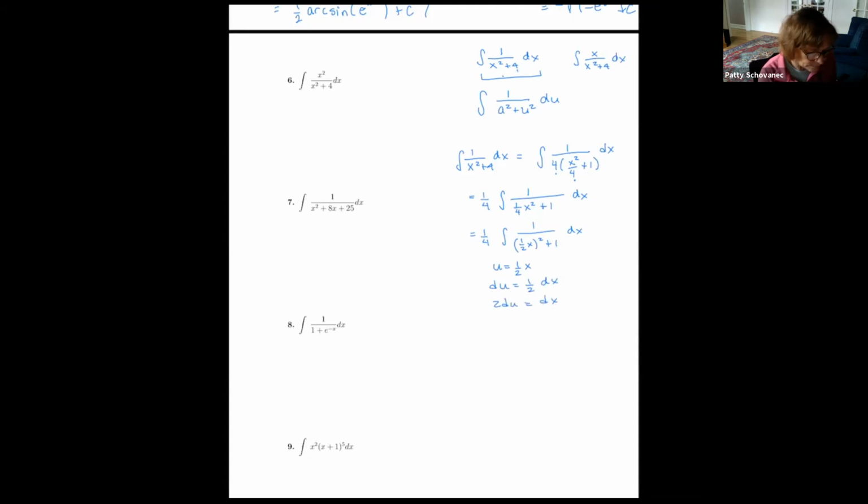This too I'm going to write out front with the 1/4, and so that's going to give me a 1/2 out here. The 1/2 x squared becomes u squared. And now this gives me an arctangent. It's the arctangent of u, where u is 1/2 x.